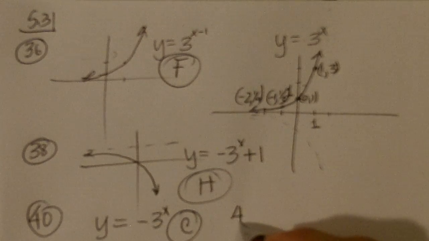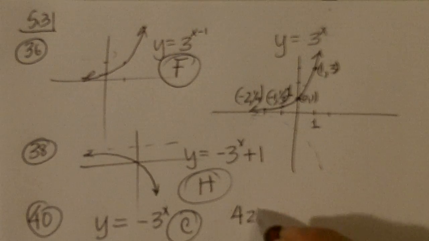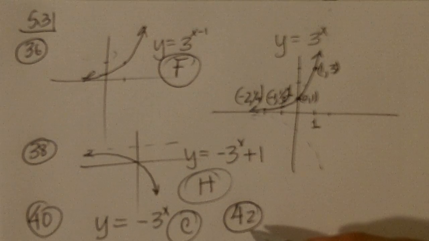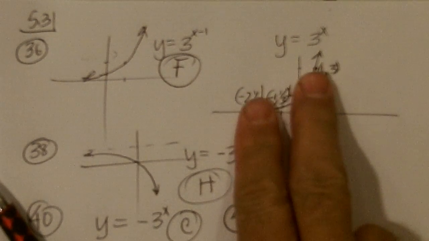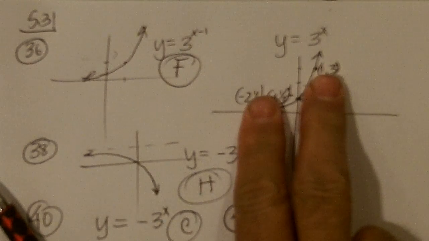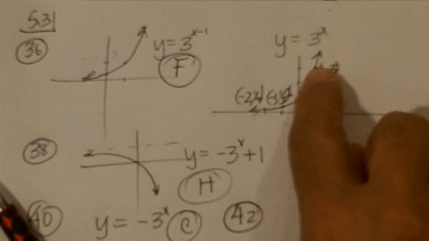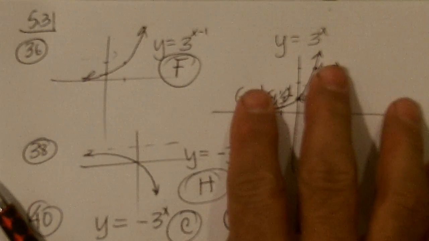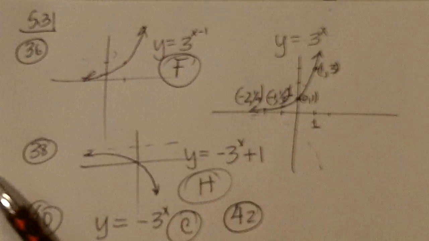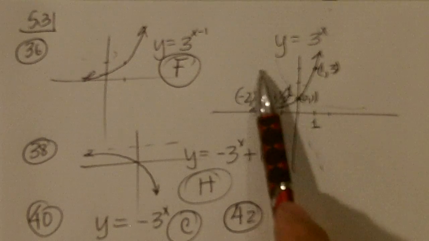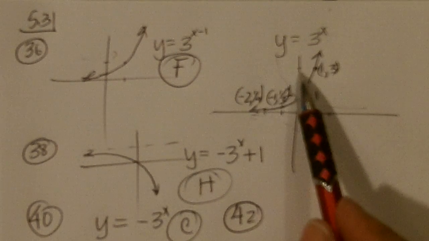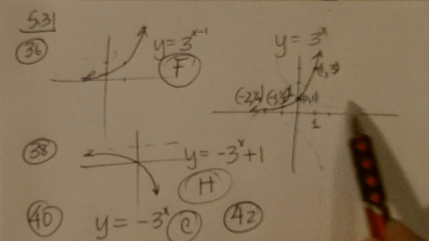And 42 is the next one. And 42 looks like this graph, which goes through 3. Looks like it's flipped over this way, which would be like this, and then moved 1 over, so it's like there.